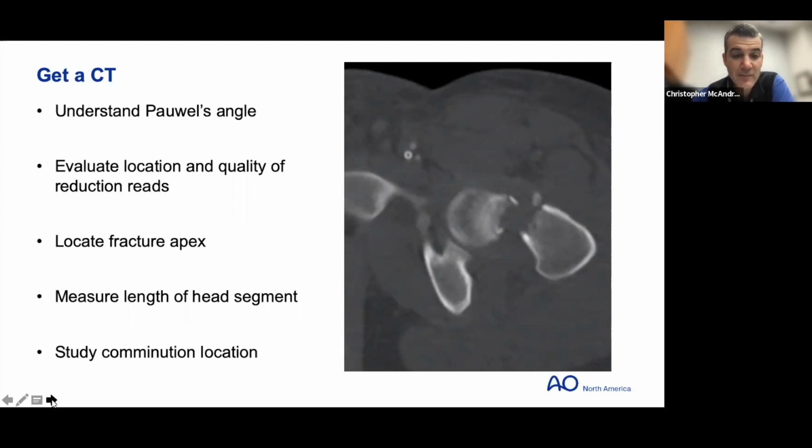Locate a fracture apex, and if you can interdigitate, that inherent stability by itself does a lot more for helping your implants than anything else. You can measure the length of the head segment and know what you're getting into, especially if they're a little older or the bone quality is a little worse. And know where the comminution is as well, so you can plan which implants to place where to resist shortening.